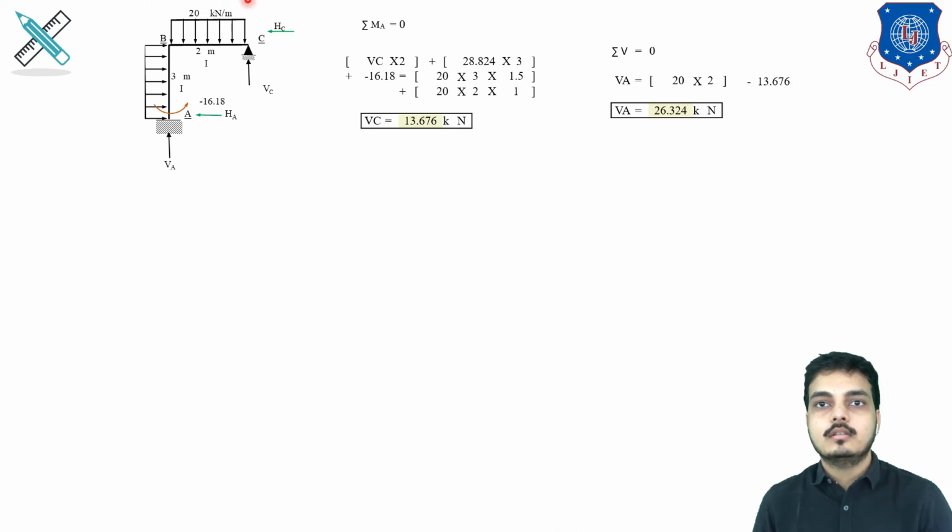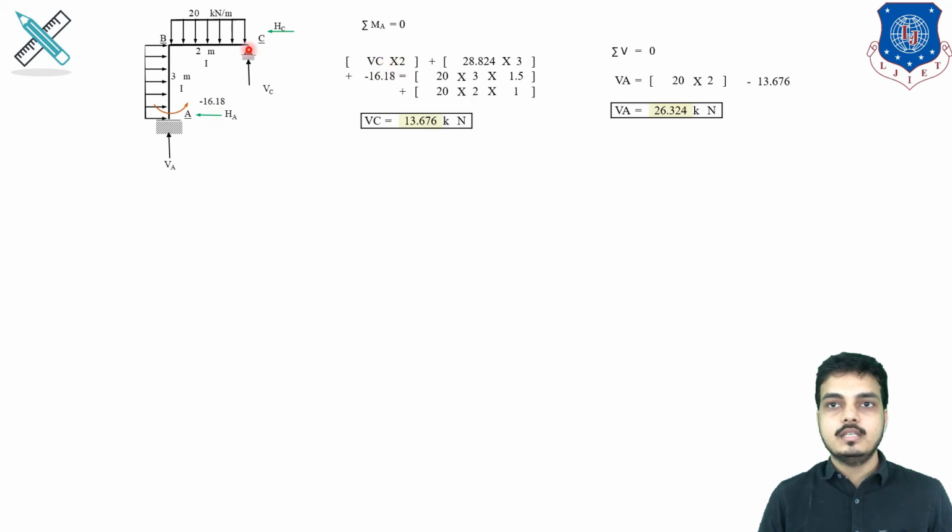Now look, this is the entire figure. HC and HA are going to the left side. Summation of MA equals 0. Now here VC multiplied by 2 is going anti-clockwise, plus 28.82, which is my HC, into 3, also going anti-clockwise.